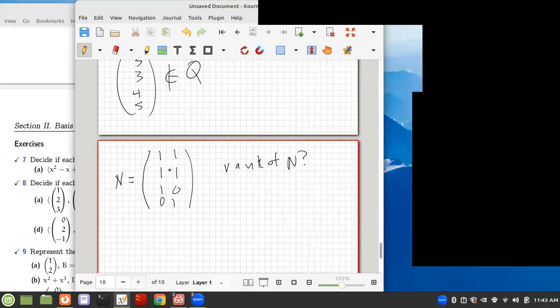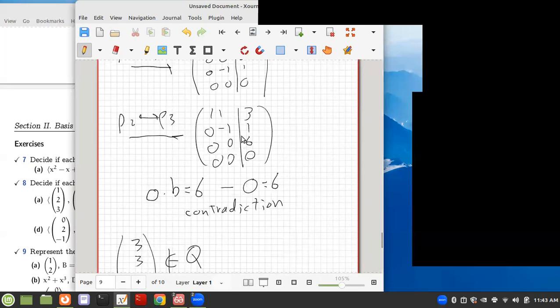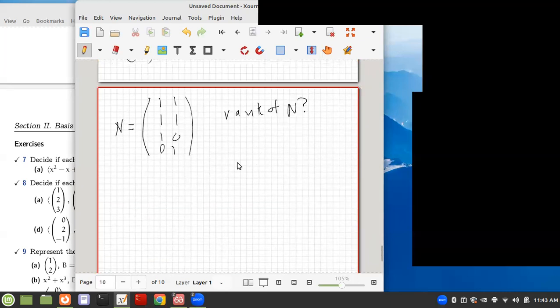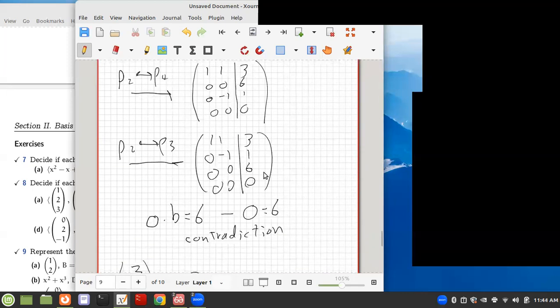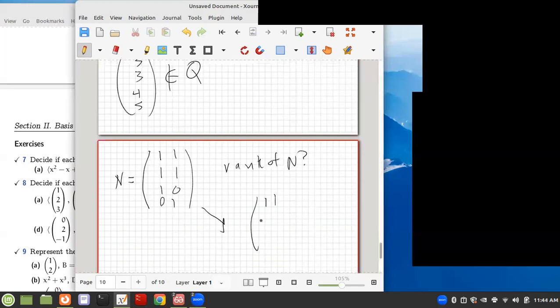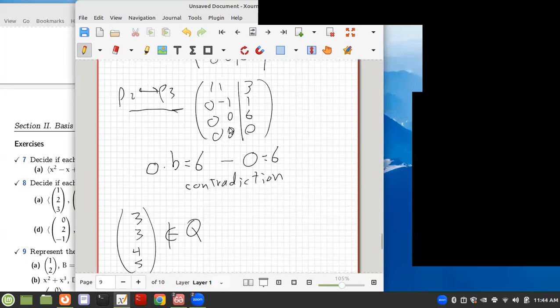Now, we already know the result, right? So we know that one echelon form of this matrix is 1, 1, 0, minus 1, 0, 0, 0, 0. If you do the same row operations up here on this side, you'd get this.